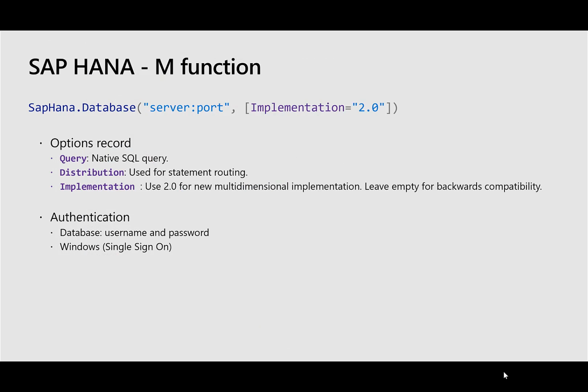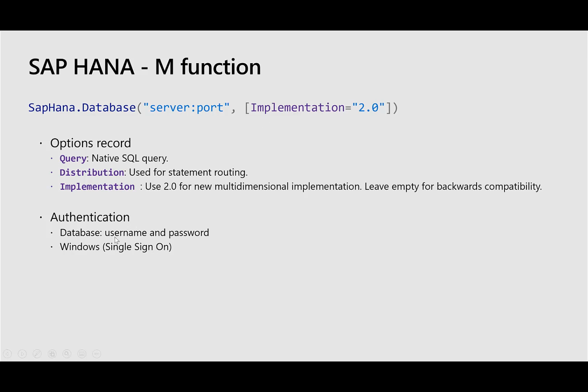So the M function in Power BI Query allows you to connect to SAP HANA. If you go within Power BI to Power Query, you choose the SAP HANA database with the server name and the port name, and then you can also provide a SQL statement here that allows you to connect to SAP HANA.